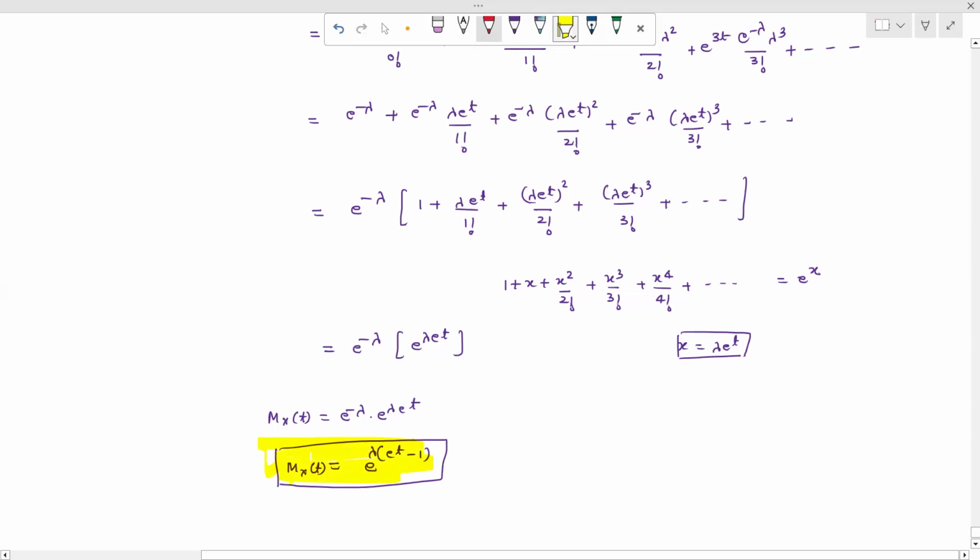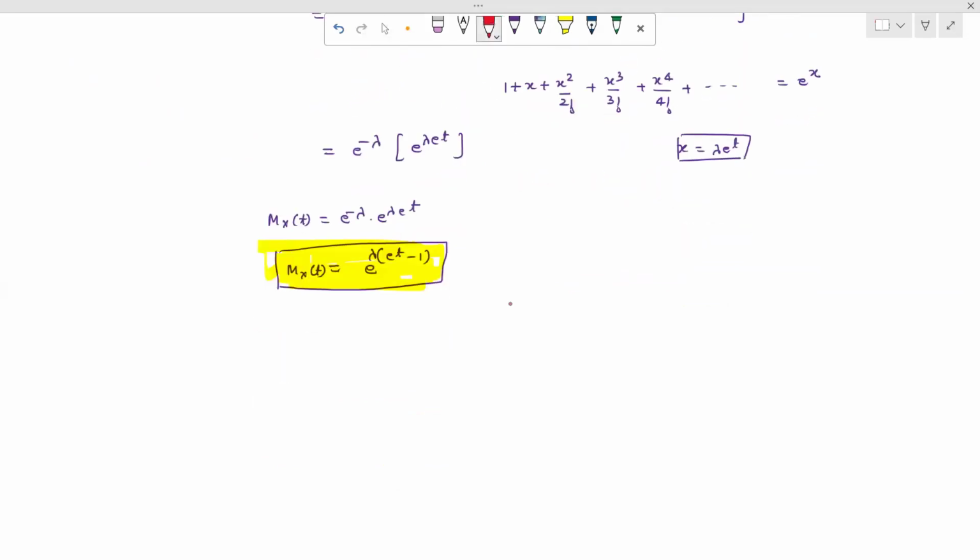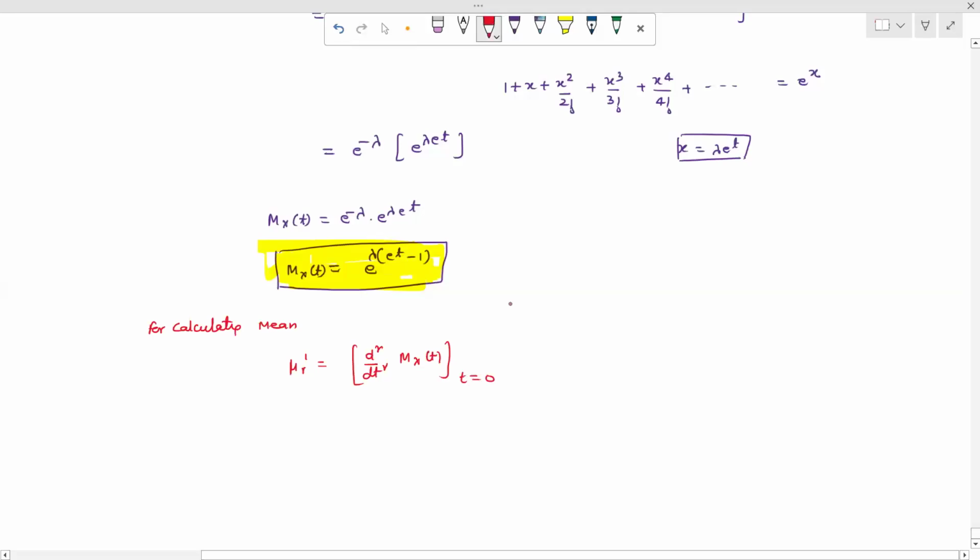Now after obtaining the moment generating function of Poisson distribution, we calculate the mean and variance. We already know the mean and variance of Poisson distribution is lambda. Now for calculating the mean, we know that mu r dash is equal to d^r upon dt^r of M_X(t) at t is equal to 0.